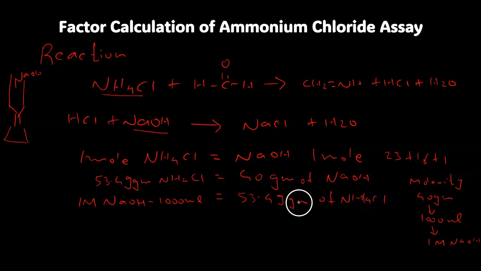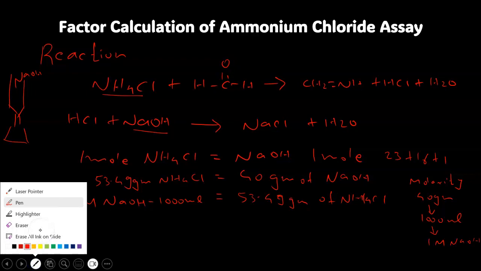So this is the overall reaction. From it we have calculated a factor, but for 1000 ml. So we cross multiply and calculate the factor for 1 ml, meaning each ml.